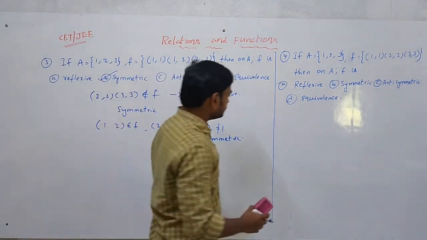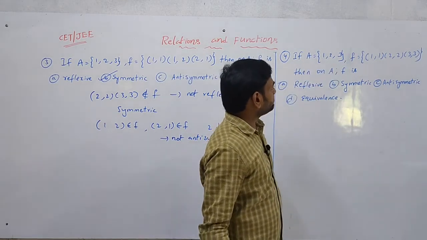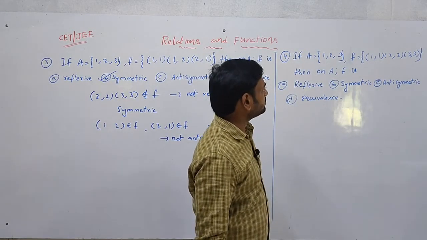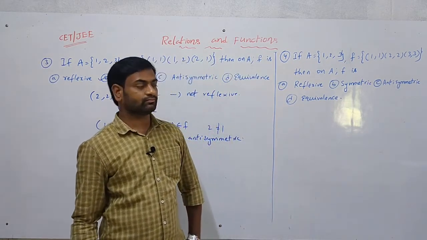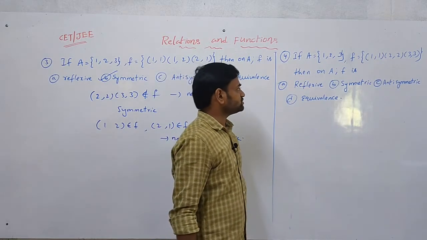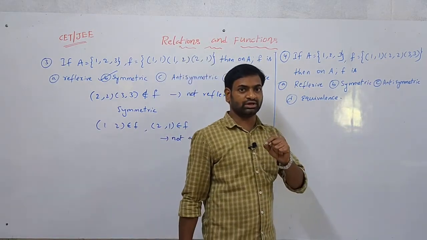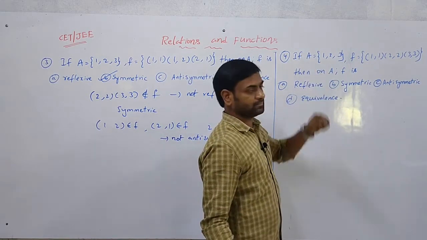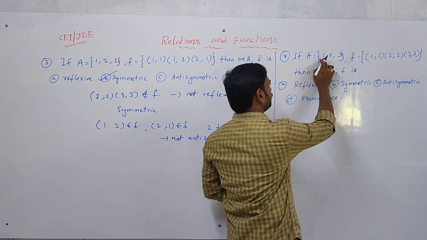Next, come to the next problem. A equals {1, 2, 3} and the relation R is {(1, 1), (2, 2), (3, 3)}. Now see here. First I am checking reflexivity. Reflexivity is completely dependent upon the given set A. In the given A, which elements are there? 1, 2, 3.